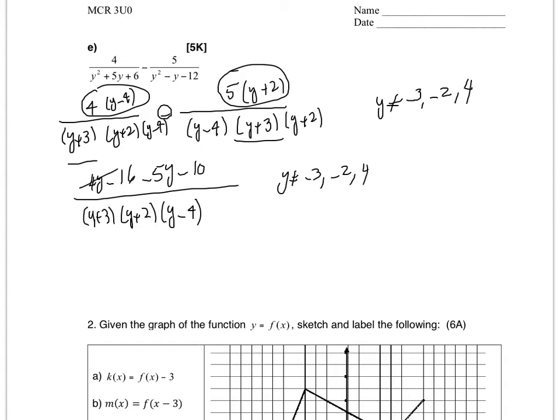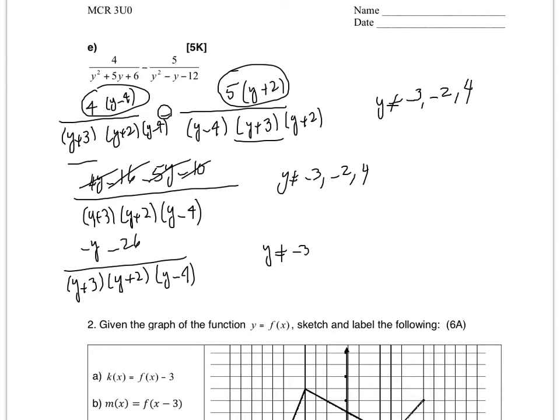Now 4y minus 5y gives me minus y. Negative 16 minus 10 gives me negative 26 over y plus 3, y plus 2, y minus 4, and y cannot be equal to negative 3, negative 2, and 4.